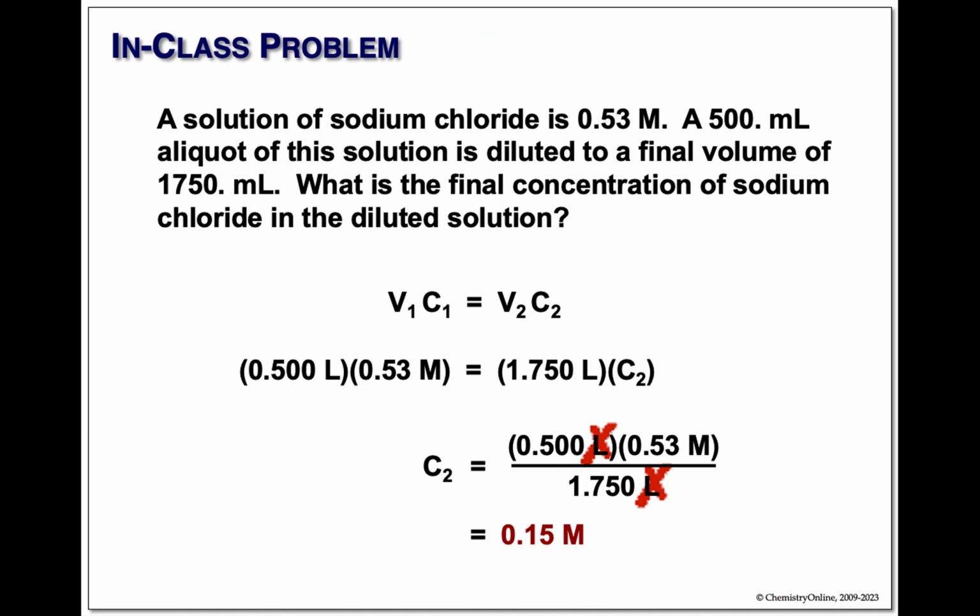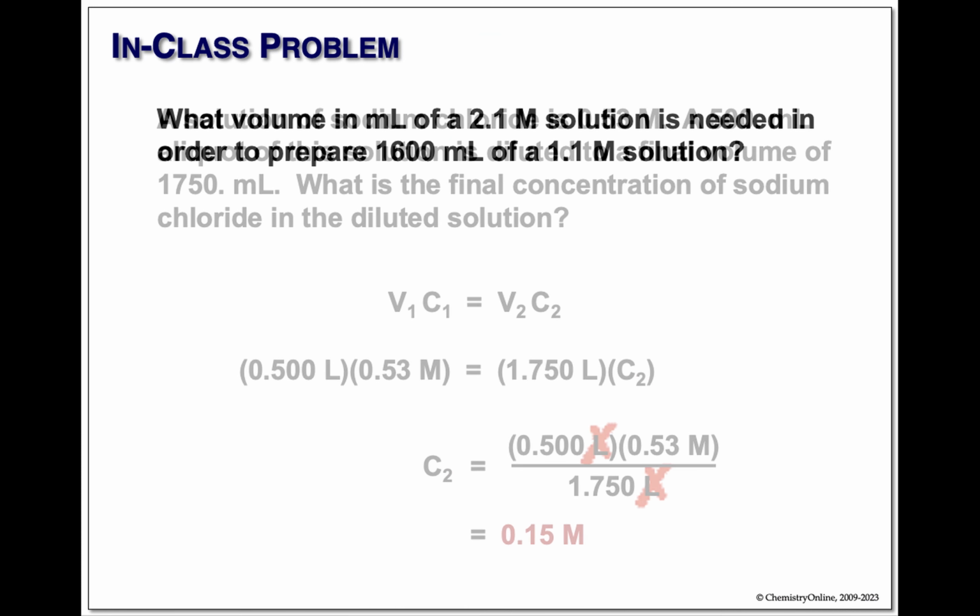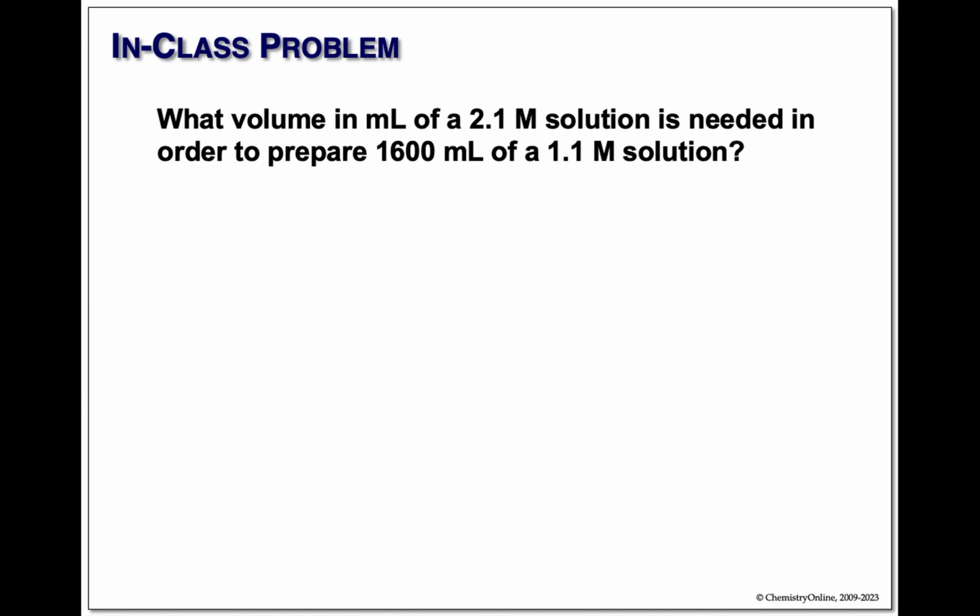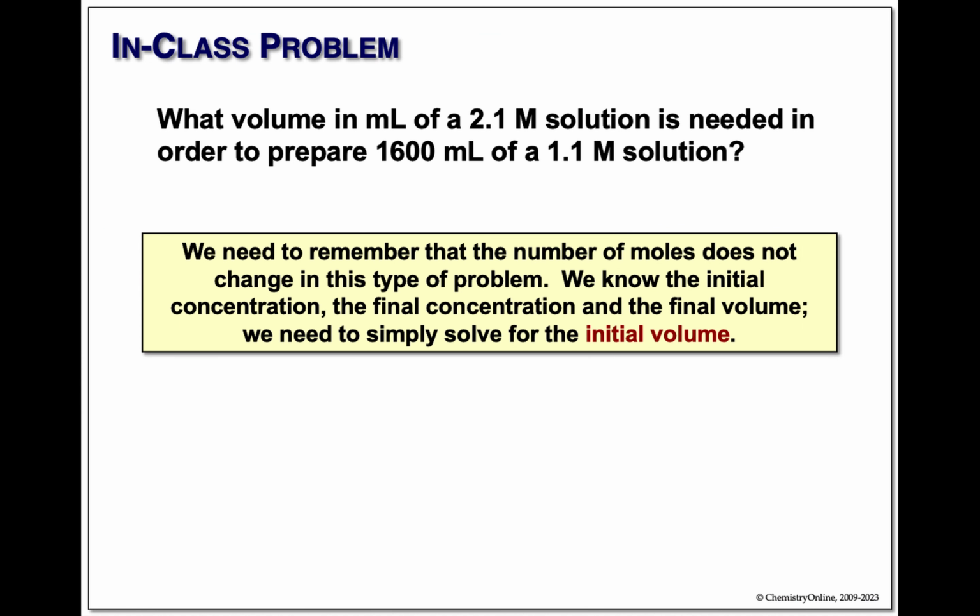Do another one. What volume of 2.1 molar is needed to make 1,600 mils of 1.1 molar? We're solving here for the initial volume. What volume of this molarity to make this volume of that molarity?